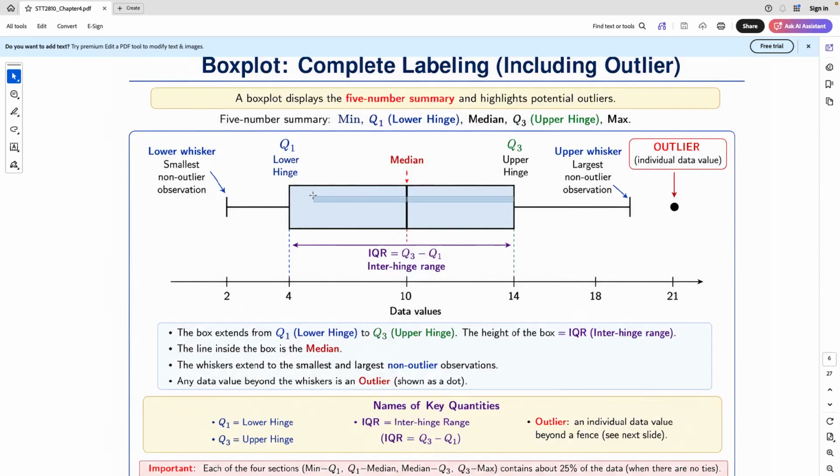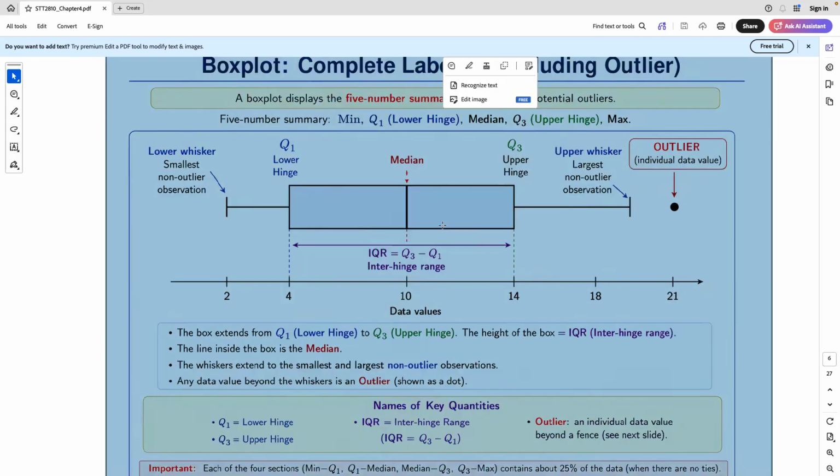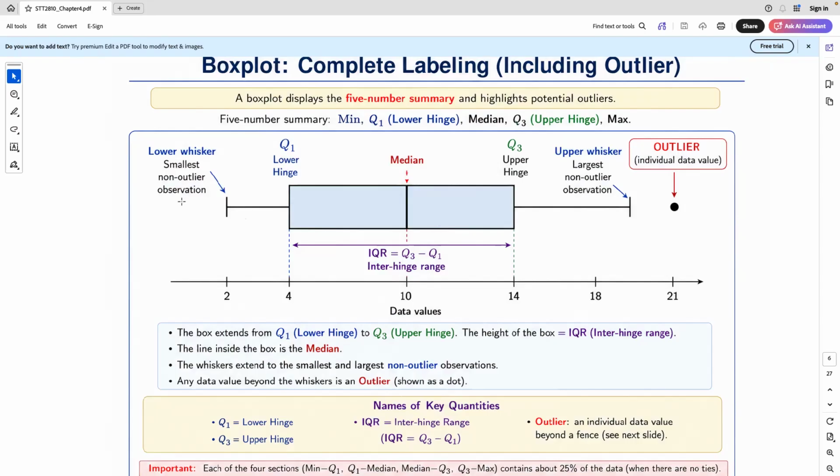And the length of this box here is the IQR. Is that okay? And then these are the fences. These are the basic pieces of information you are supposed to know whenever you are given a box plot.